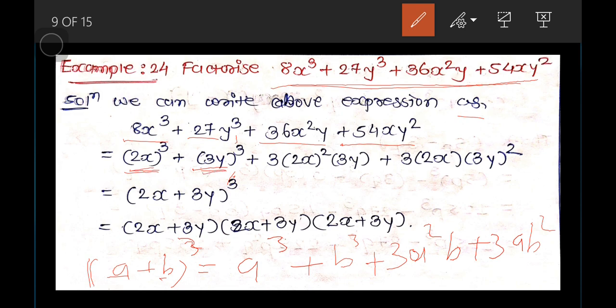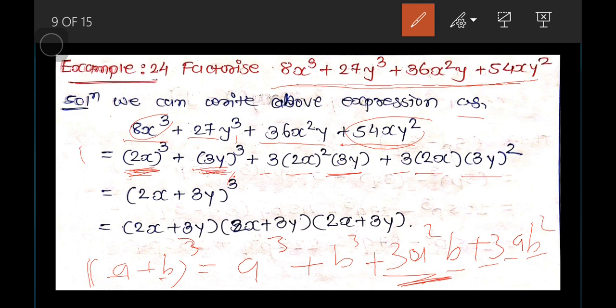So we can write 8x cube as (2x) whole cube, 27y cube as (3y) cube, plus we can write 36x square y as 3 into a square, that is (2x) square, and b, that is 3y, and 54xy square we can write in the form 3a, where a is 2x and b is 3y, then (3y) square.